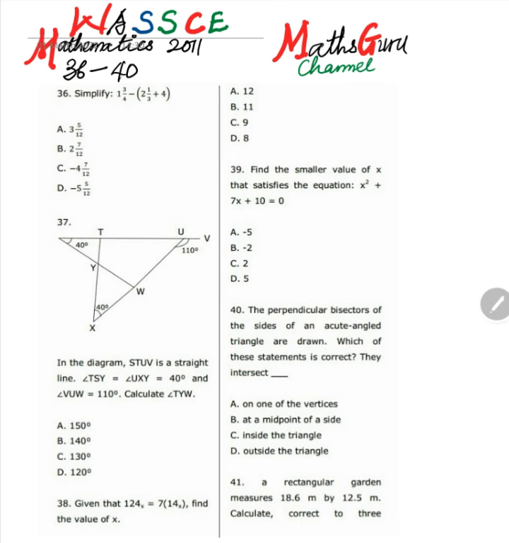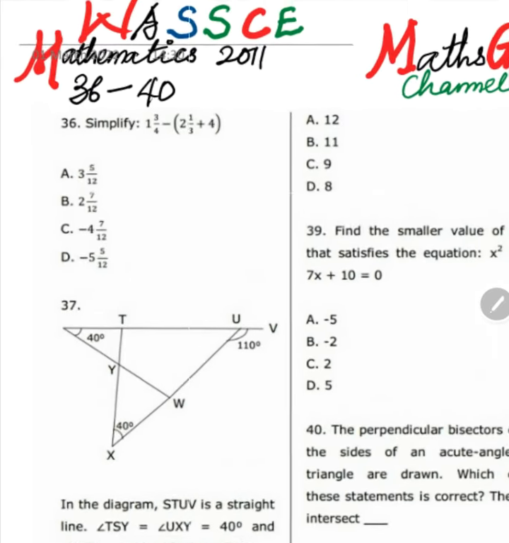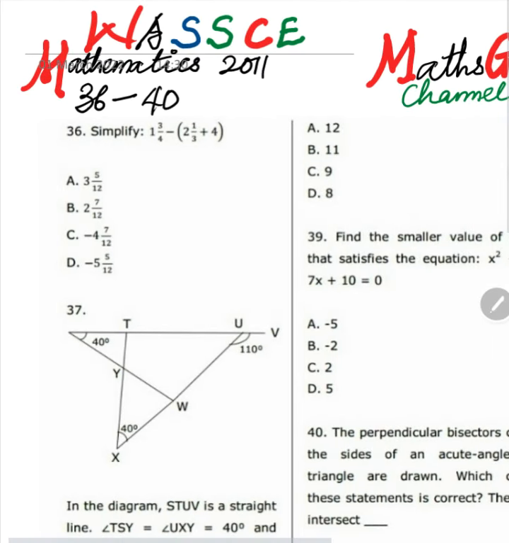So we start from question number 1. One whole number 3/4 minus bracket open 2 whole number 1/3 plus 4.